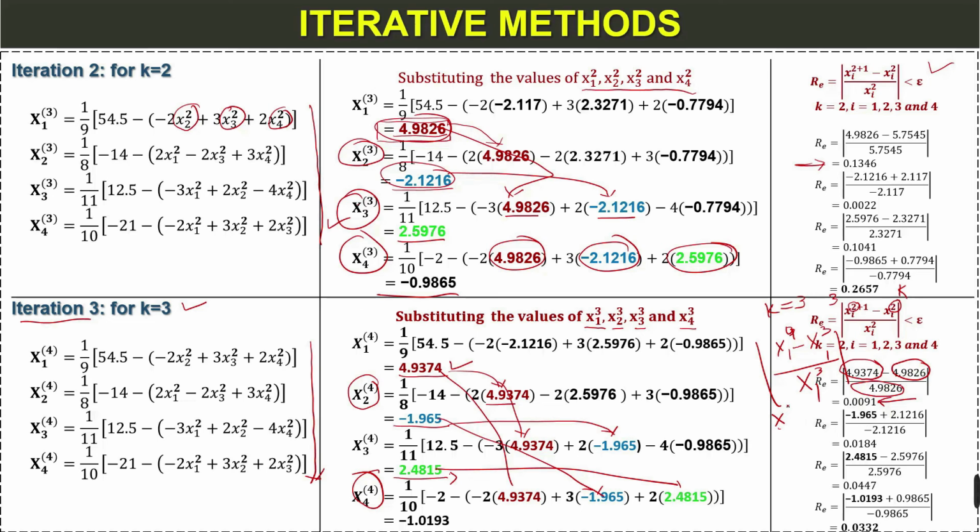Similarly for x42 minus x32, divided by x32, and the absolute value of this. Similarly for this one, x43 minus x33, divided by x33, and the absolute value of this.